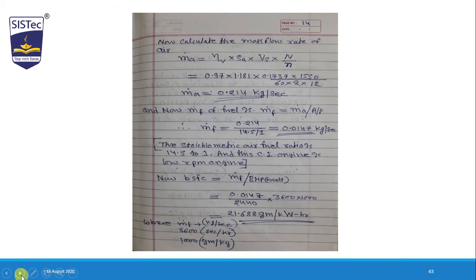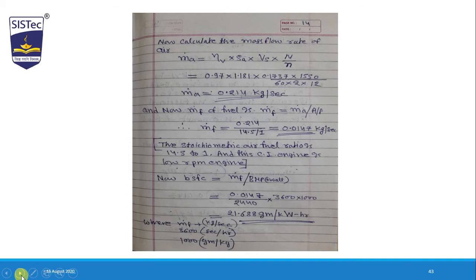And again it's a 4-stroke engine, so the power output will come after 2 revolutions, so divided by 2. So finally the mass flow rate of air we get is 0.214 kg per second.